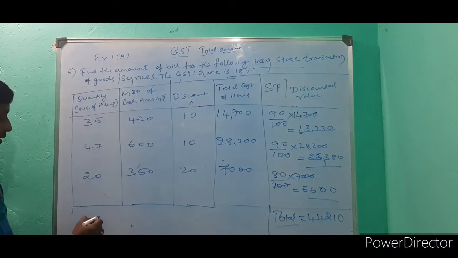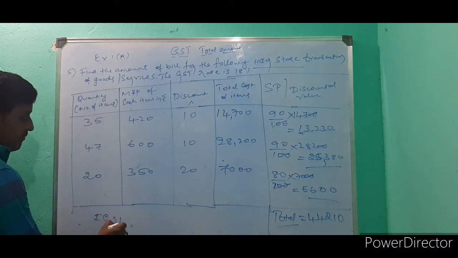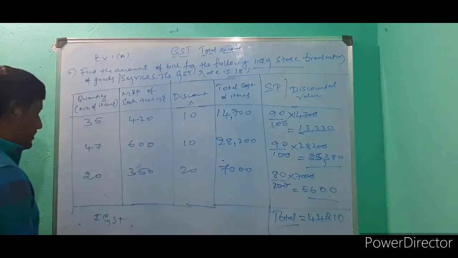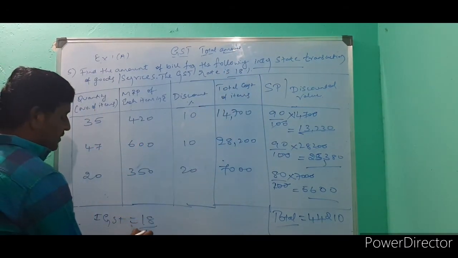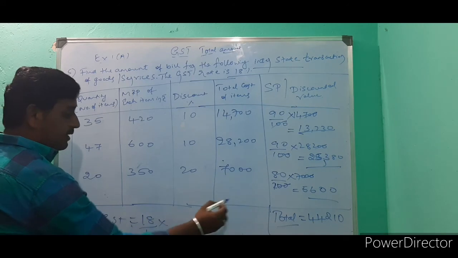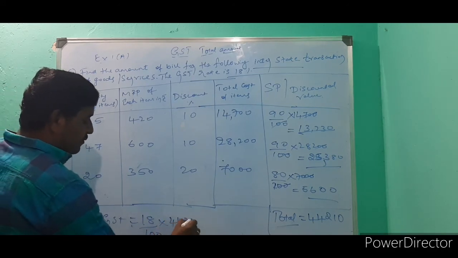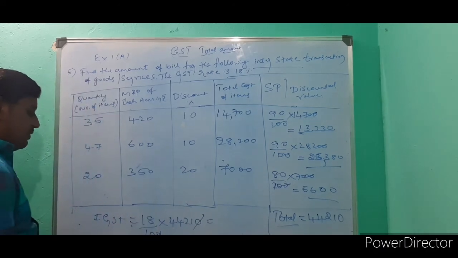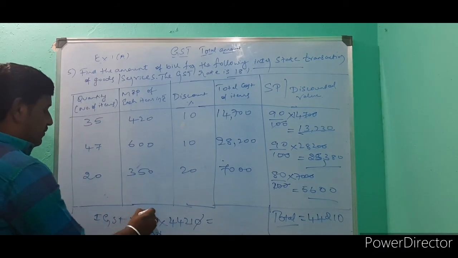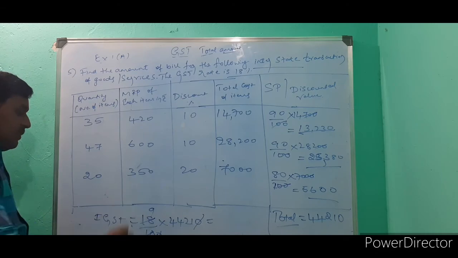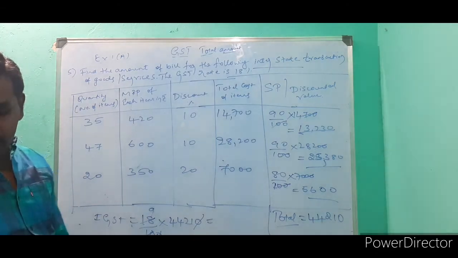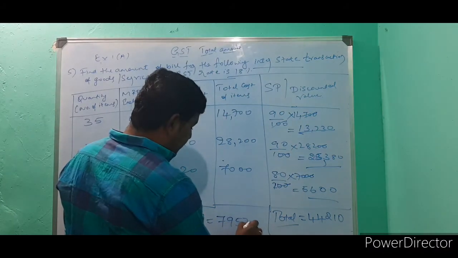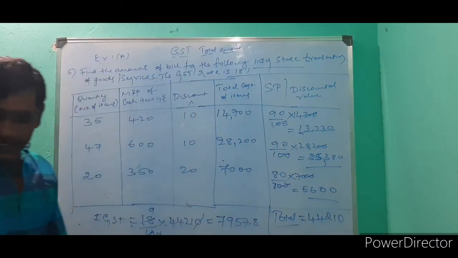Now we have to find IGST. After finding the total amount of the bill, you find IGST, that is 18% of 44,210. Dividing, you will get the GST amount as 7,957.8.